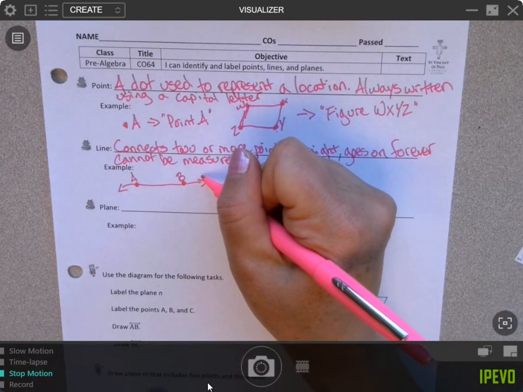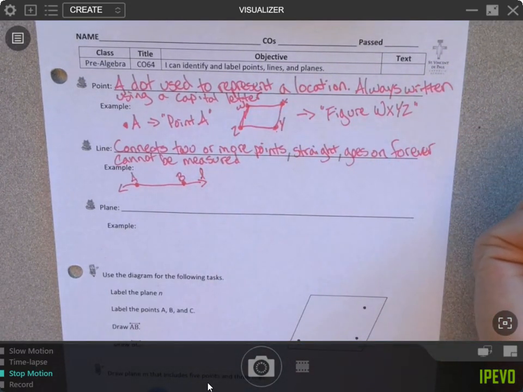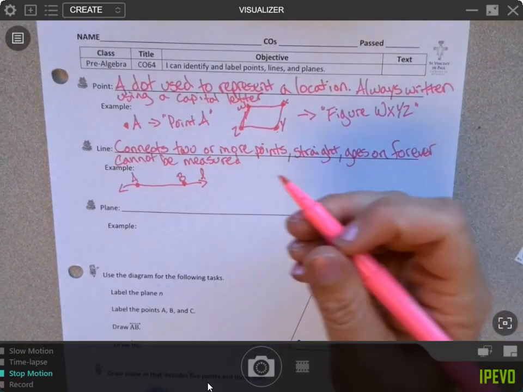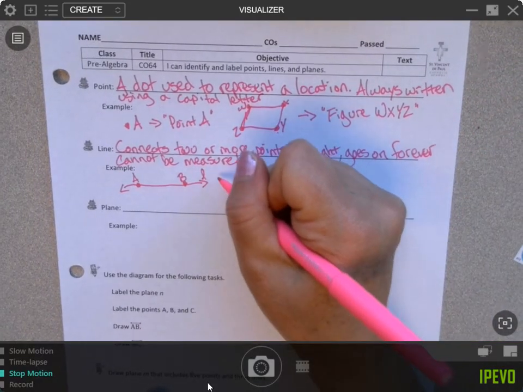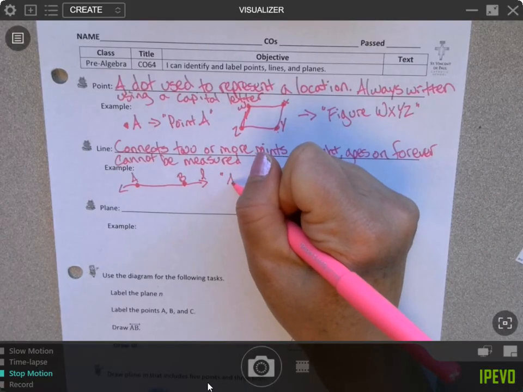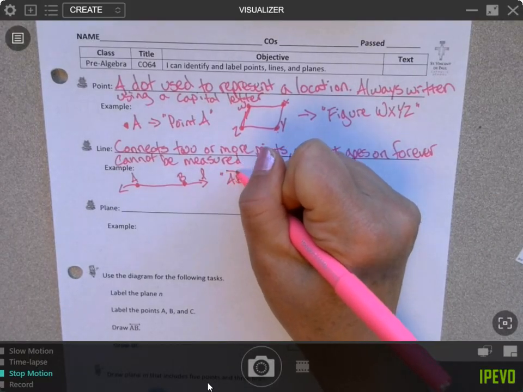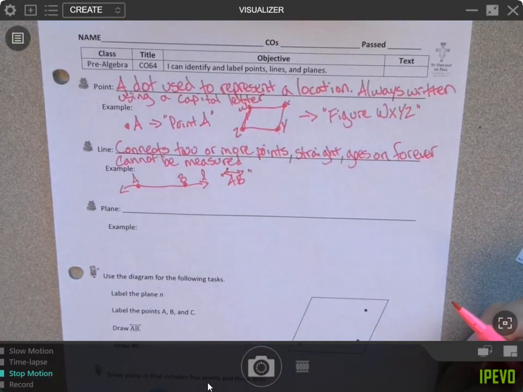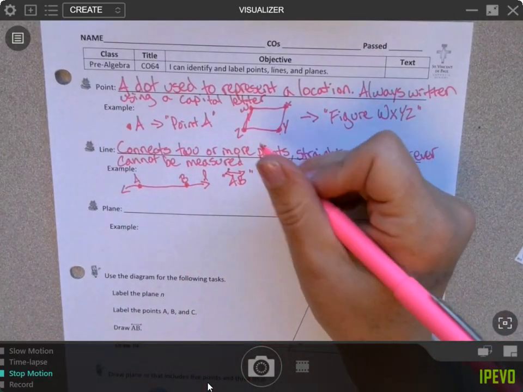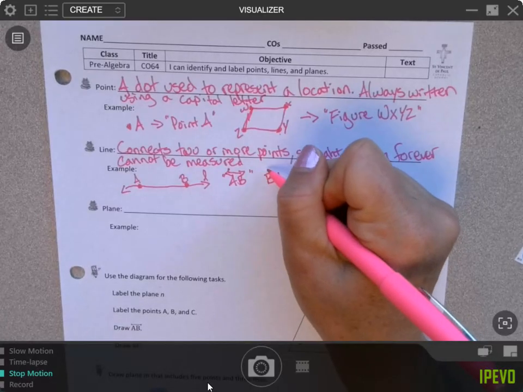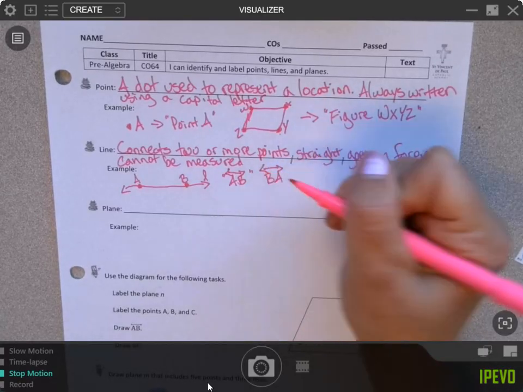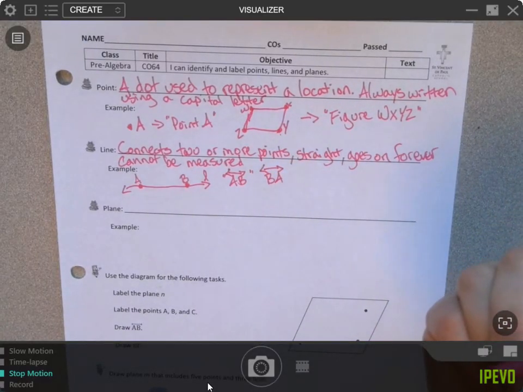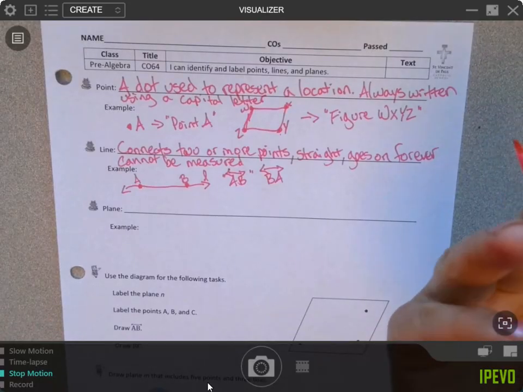This might be labeled the line L. So we could call that, if we put the AB with the arrows, that means line AB. It could also be BA. It doesn't matter which direction you go in, it's still that line, right?